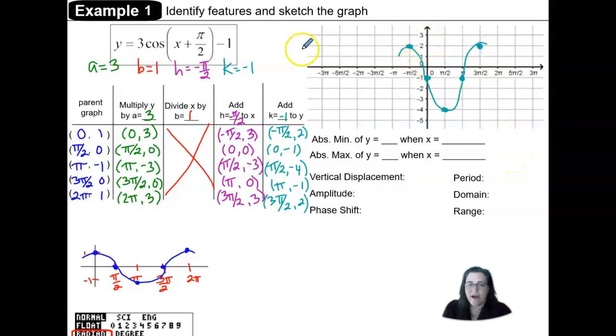Now we want to graph this over the interval negative 3 pi to 3 pi. So I need to repeat this pattern now going in the left and right directions. So if you notice, it starts in the same pattern as the cosine parent graph, up, middle, down, middle, up. So we're going to go ahead and continue that pattern starting up.